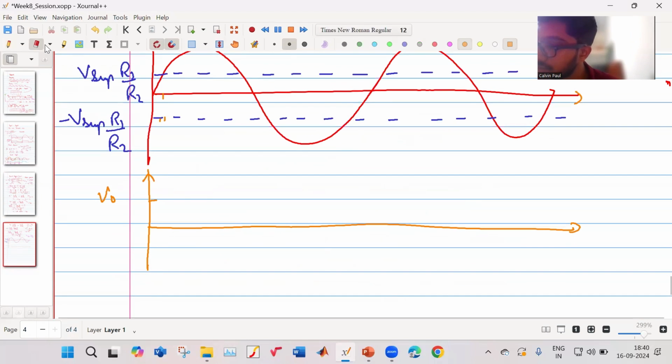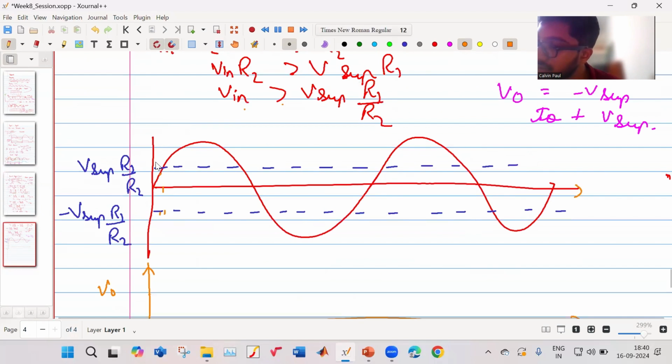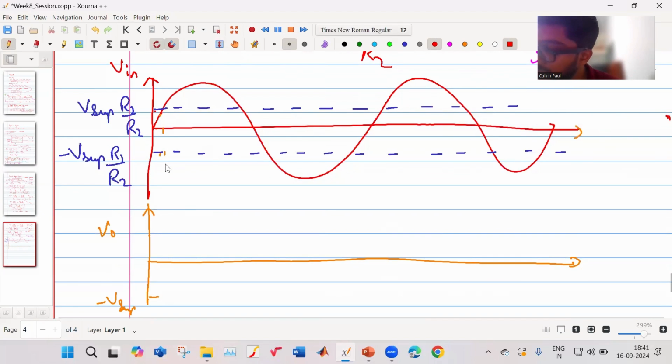So we'll consider this case. My V output was minus V supply. Okay. When my input, this is my input, becomes greater than this V supply into R1 by R2, it will become positive.